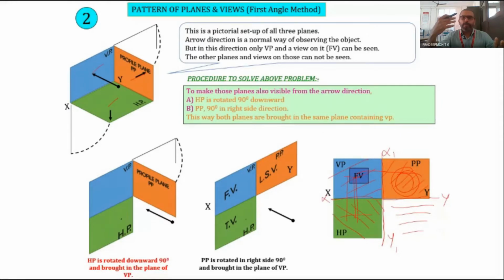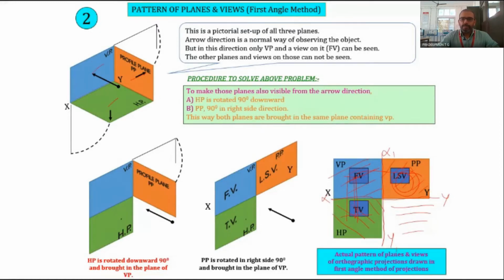So the front view will be in this area, and the top view is always projected onto the horizontal plane. So the top view will be here, below the XY line, and the profile plane contains the side view. That is, in this case, it is the left side view. If it is the right side view, then it has to be towards the left of the vertical plane.